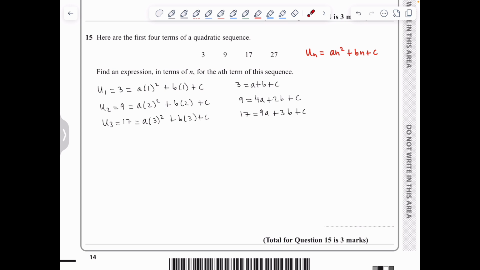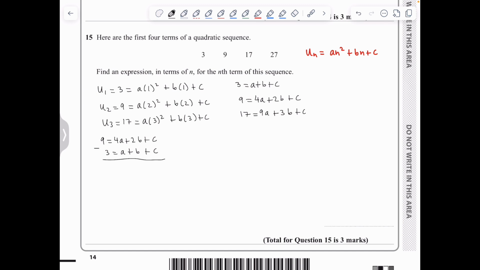So all in all, we're dealing with simultaneous equations in 3 unknowns. I will take the second and the first. So we've got 9 is equal to 4a plus 2b plus c, and 3 is a plus b plus c.